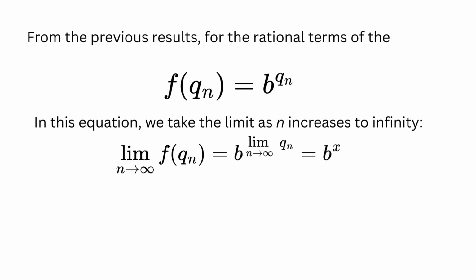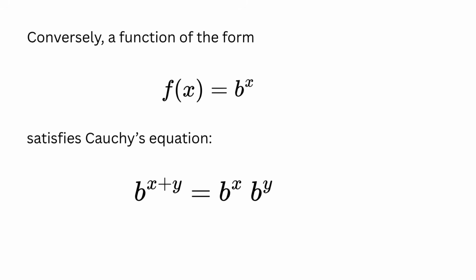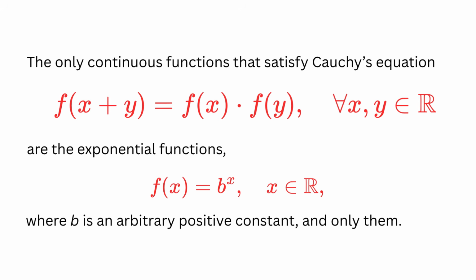In the limit of n to infinity, the continuity of the function allows to exchange the limit with the function and find that f of x is b to the x. Conversely, any function of the form b to the x satisfies Cauchy's second functional equation. Therefore, we have proven that if the function f is required to be continuous, Cauchy's second functional equation is solved by the exponential functions of the form b to the x, and only them.